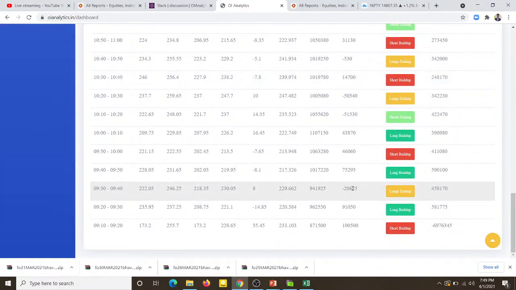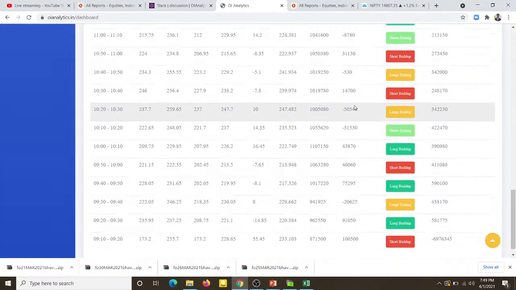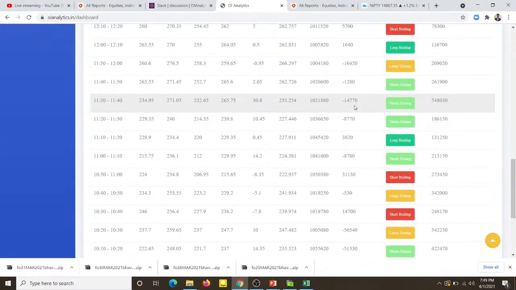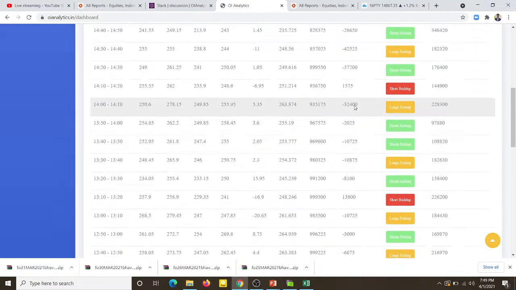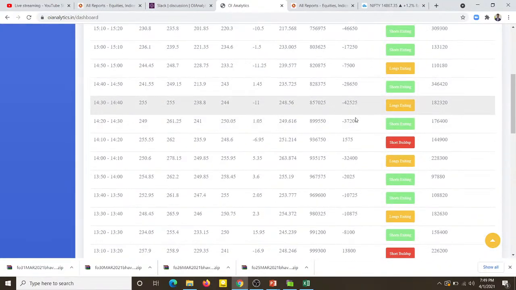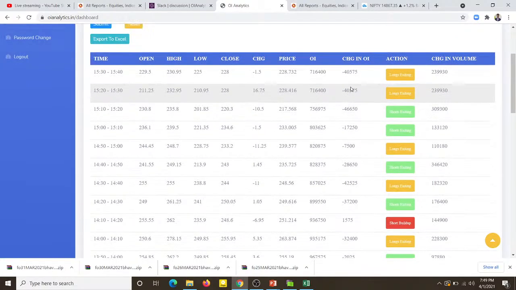Even 20 is not that high. So 50, 100,000 and consecutive exits I would take rather than all of them. So 100,000 over there, and here about 40, 70, 100,000, 200,000, and here about 100,000, 40, 86 and 100. So total 300,000 exited, right?